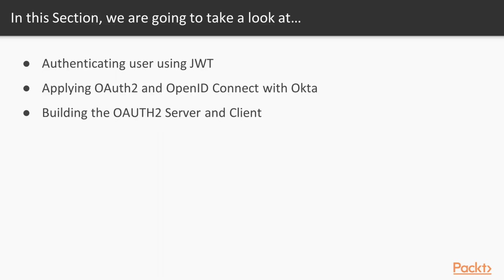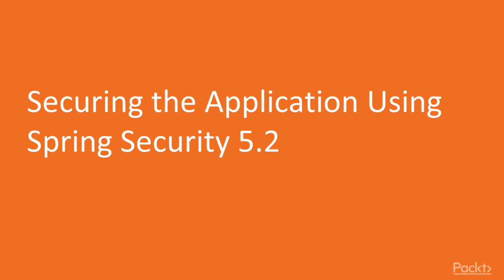Other advanced topics will also be included in our discussion, such as the use of OpenID, JSON Web Tokens, and OAuth2 protocols. Let us now start with the core topic, which is protecting our Spring Boot 2.2 application with the Spring Security 5.2 framework.